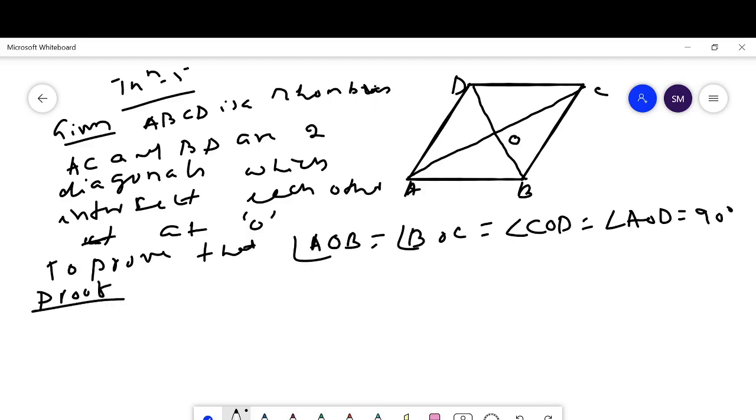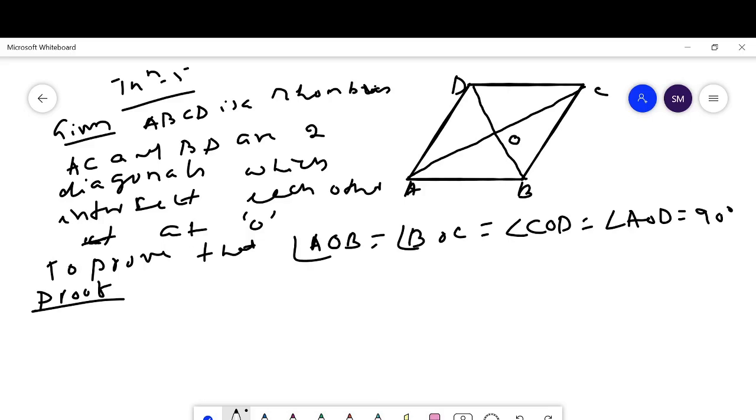Here, as we know that all rhombuses are also parallelograms, ABCD is also a parallelogram, and in a parallelogram when all sides are of equal length, it is a rhombus.